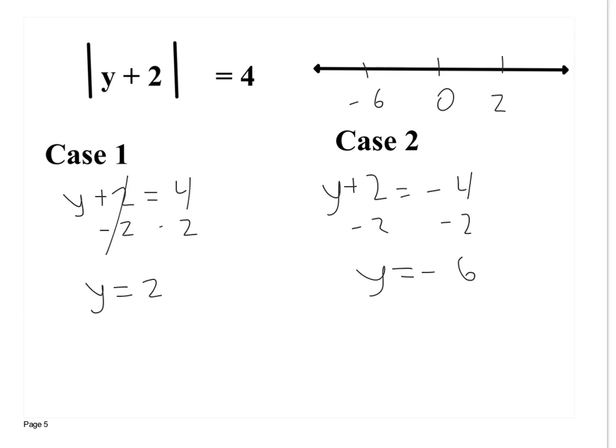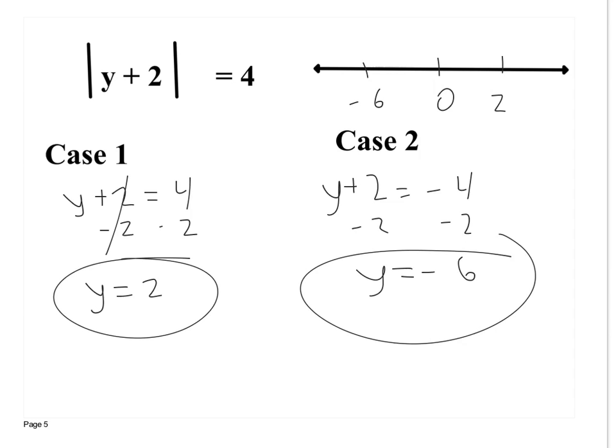How far away is 4 on a number line from 0? 4. If I add 2 to negative 6, what do I get? Negative 4. What's the absolute value of negative 4? 4. So are both these true statements? Yes. So there's my answer. 2 and negative 6.